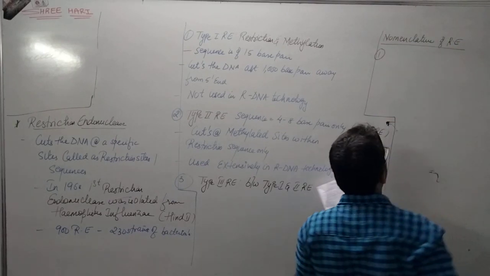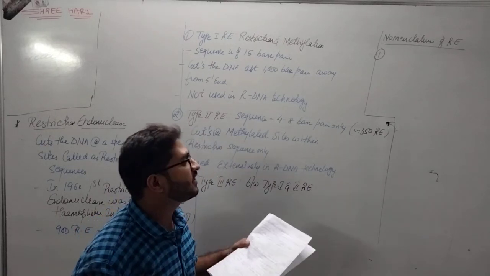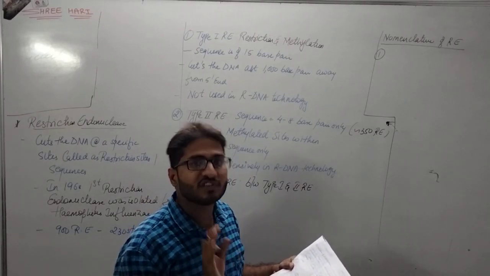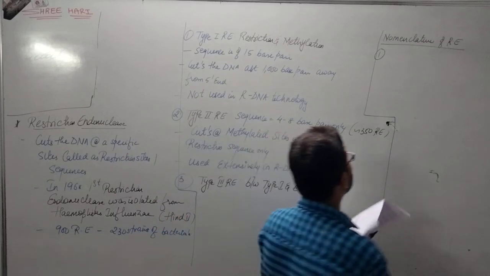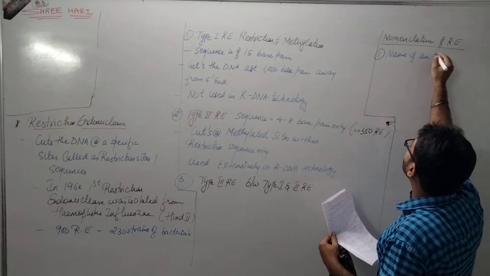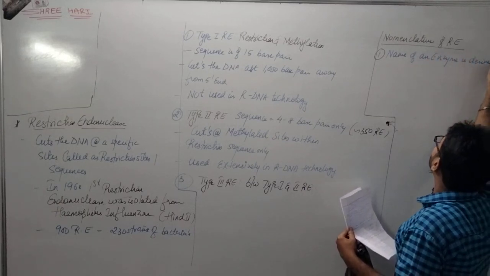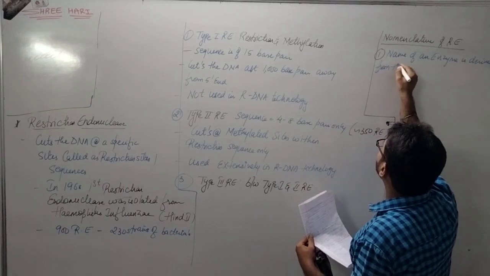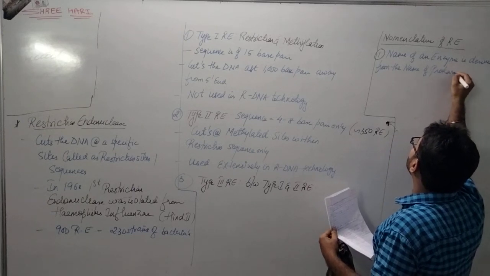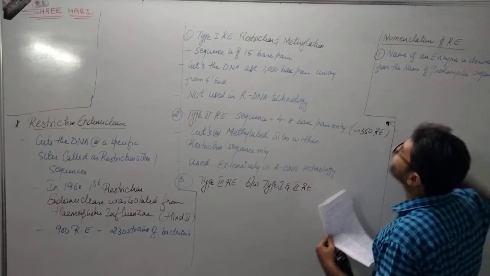Four to five rules are given as a part of the nomenclature of restriction endonuclease. The first rule is that the name of the enzyme is derived from the name of the bacterium or the prokaryotic organism from which it is isolated.